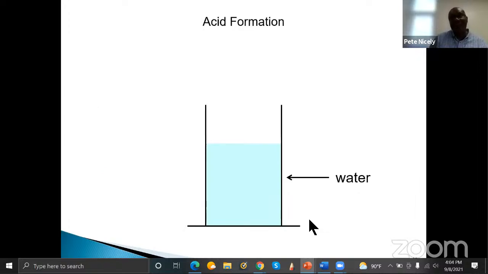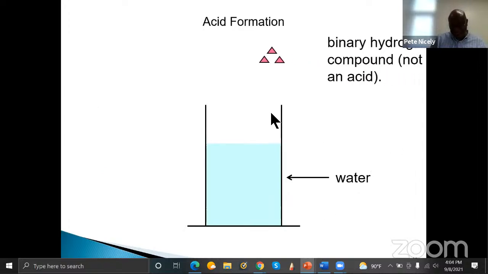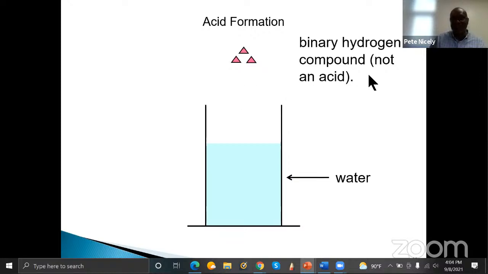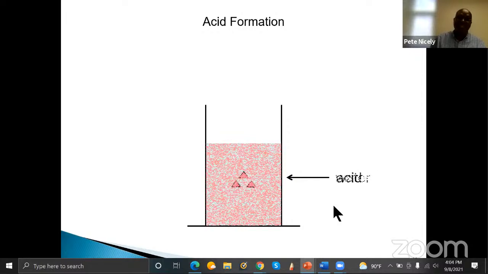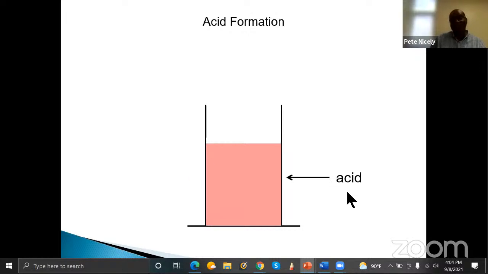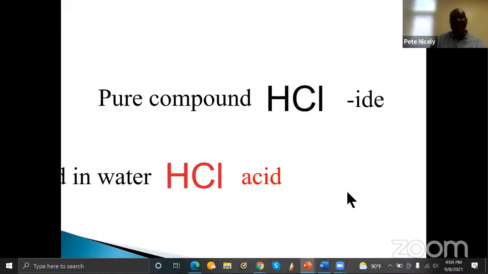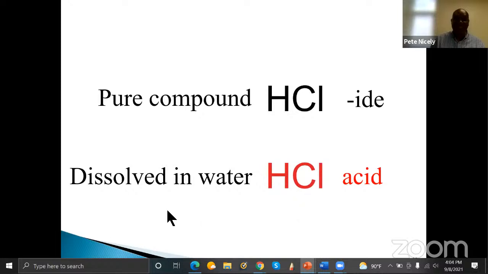So what you're going to start off with is your binary hydrogen compound, which in and of itself is not an acid, but when it is added to water, as shown in this diagram here, then the resulting solution will be an acidic solution, right? So that's what we're talking about here. A couple of things we need to talk about in terms of the naming of these compounds.